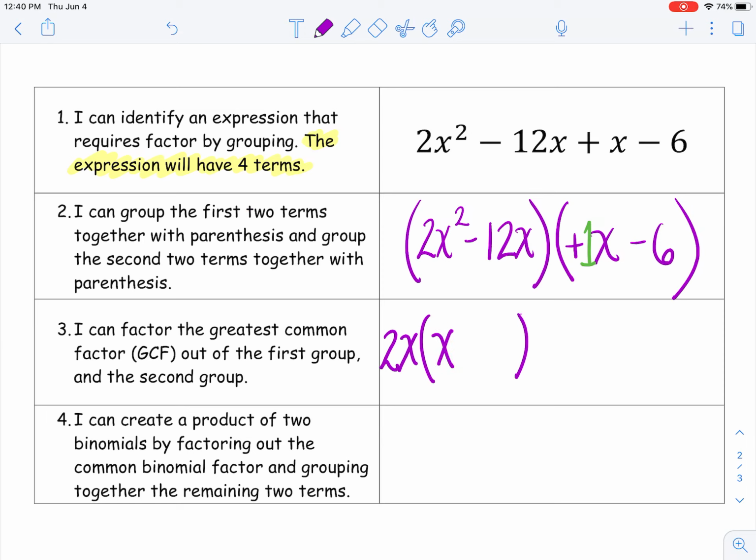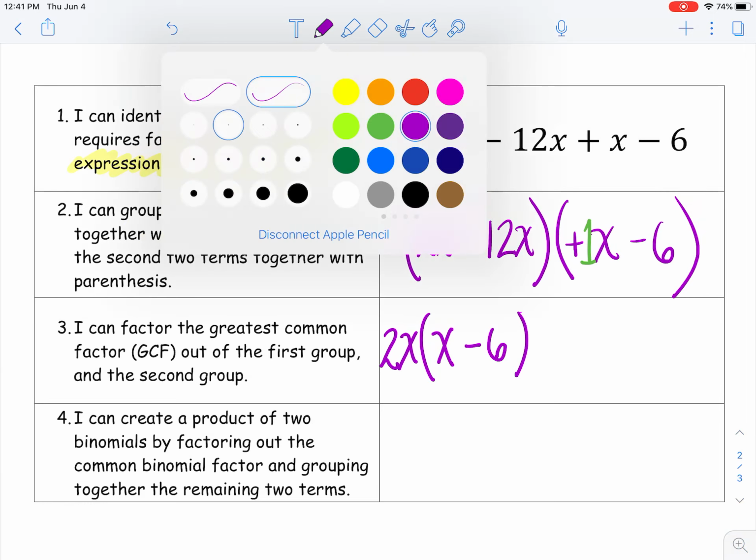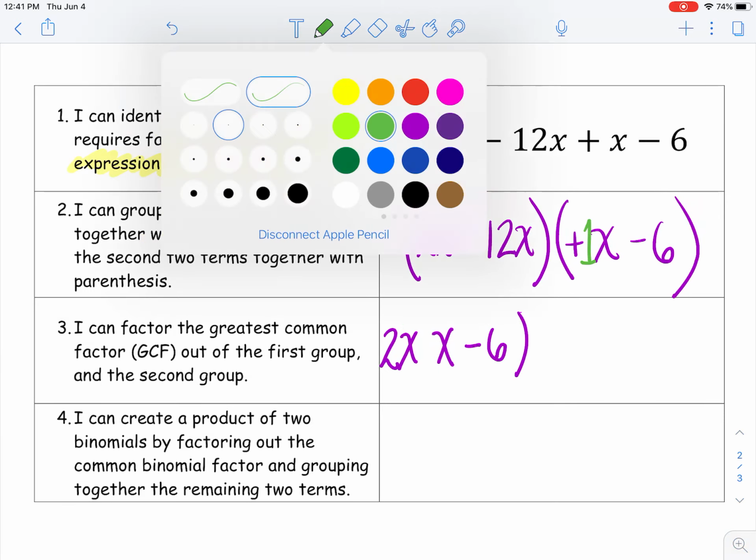Well, 2x times x will give me 2x squared. 2x times what will give me negative 12x? 2x times negative 6 will give me negative 12x. And again, you can check yourself by distributing in. If I distribute that 2x into the binomial that I have there, I will get 2x squared minus 12x.